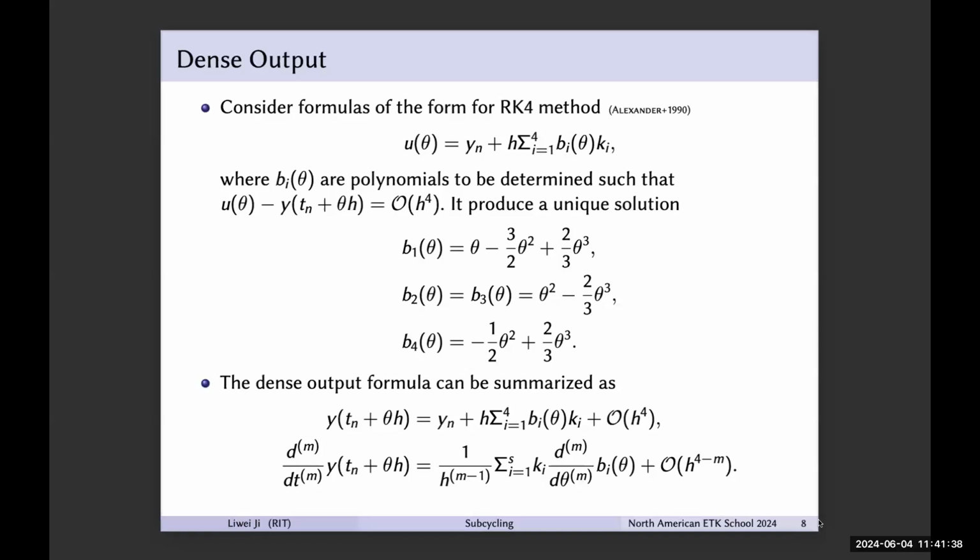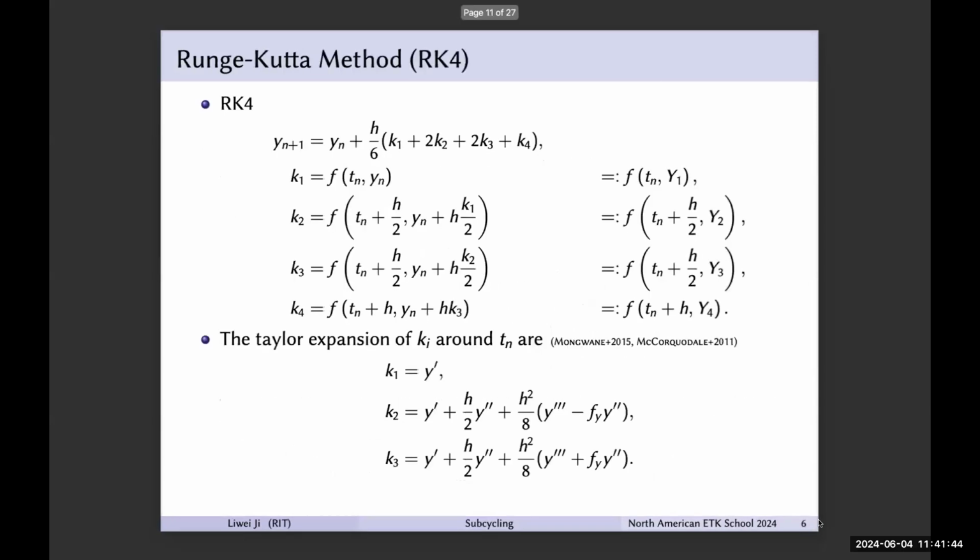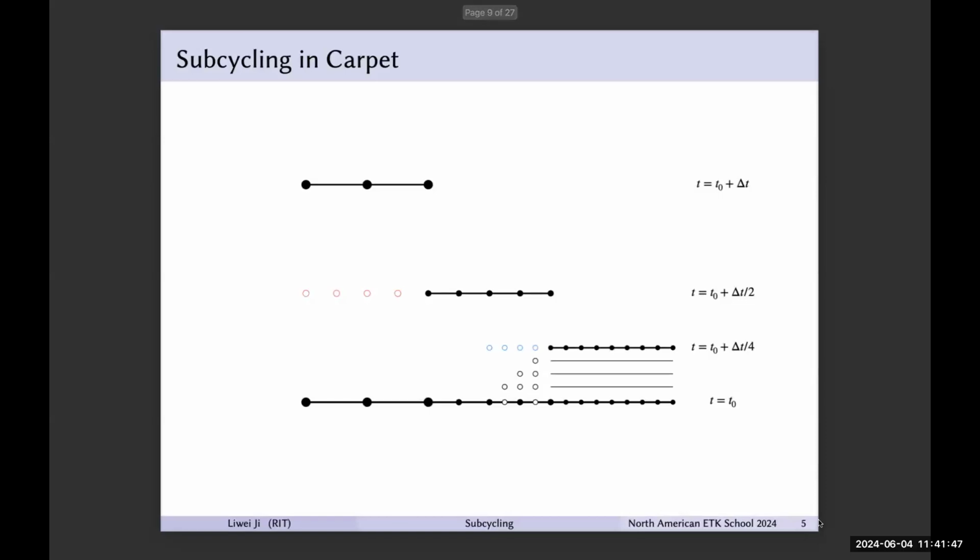So suppose you already made a complete RK4 step, and you want to ask what kind of u you can have at any point between t naught and t naught plus theta t.